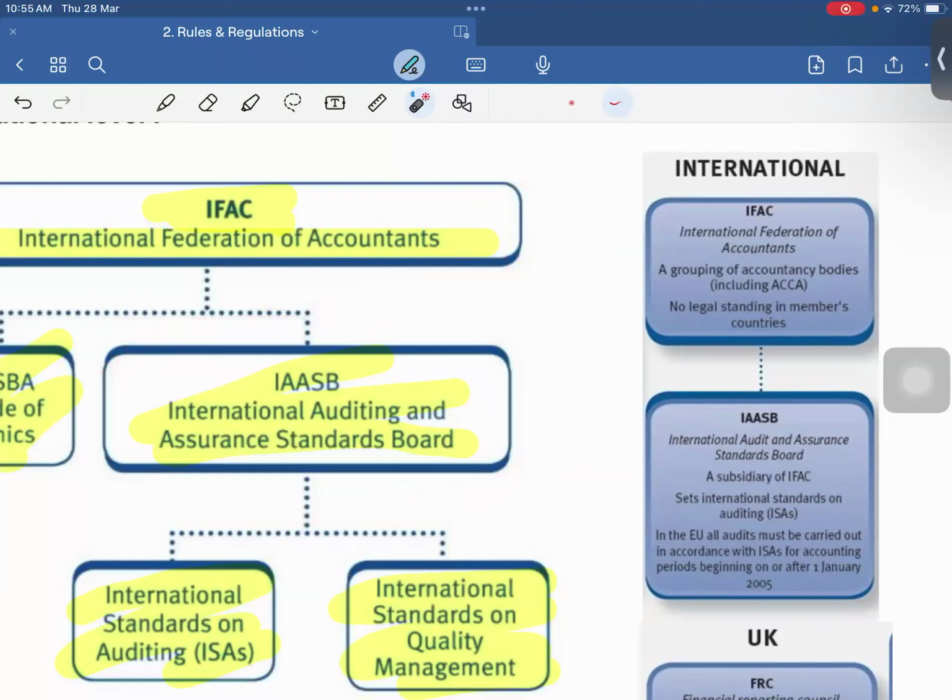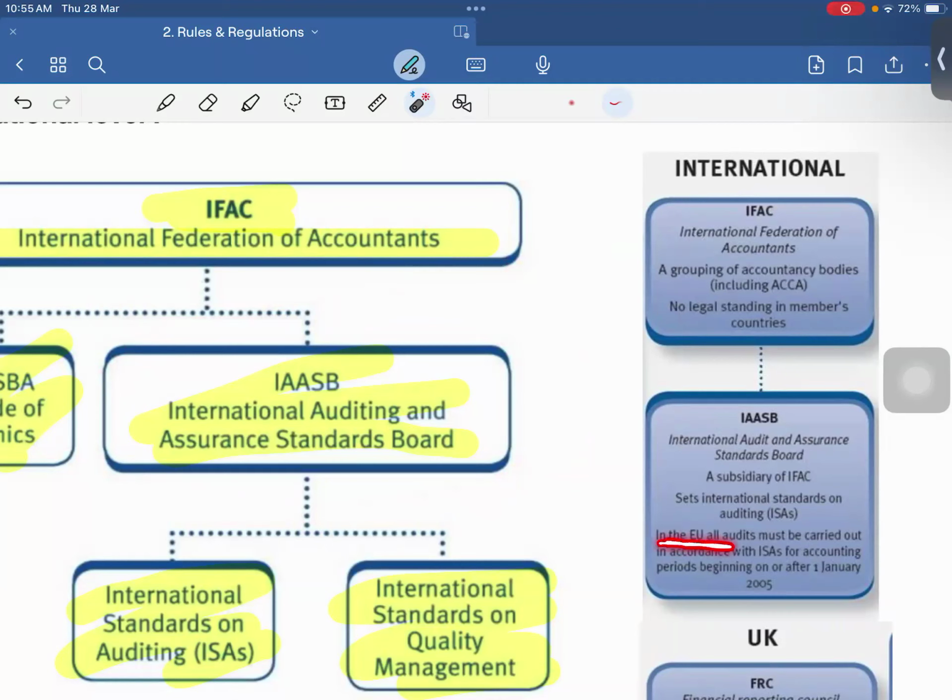Simple. And in all of the European Union, every audit is done with the ISAs. That means everyone follows the ISAs while performing audits. And it has been there ever since 1st January 2005.